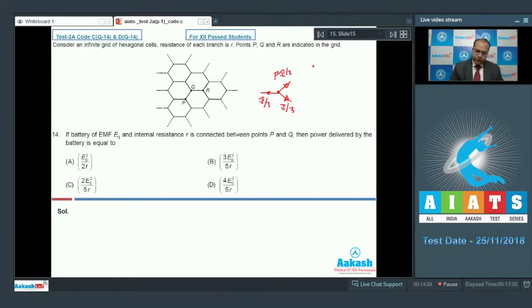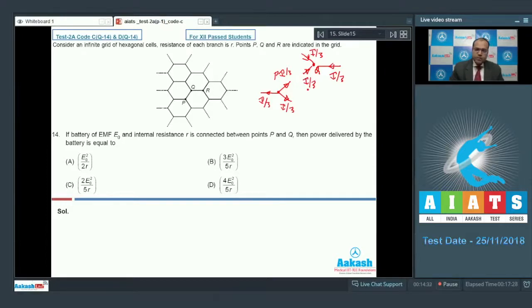At point Q, let I current gets collected from the grid and it goes back to the external source. So I by 3 current comes from this way, I by 3 current comes from this way, and I by 3 current comes from this way.